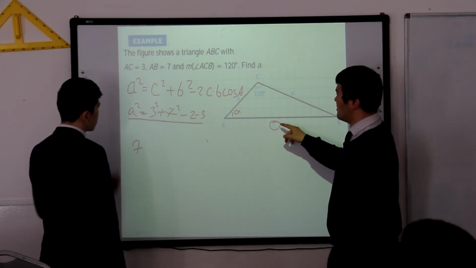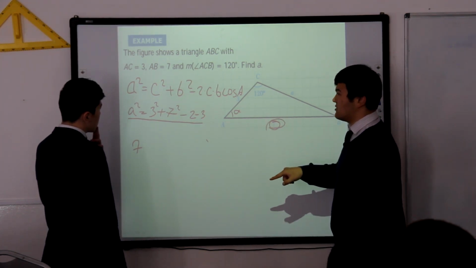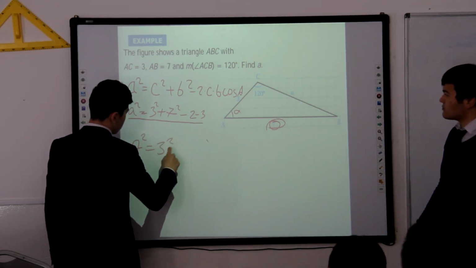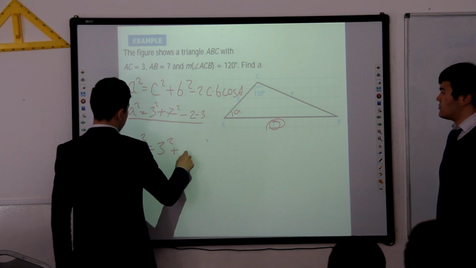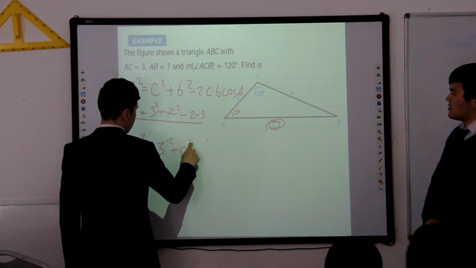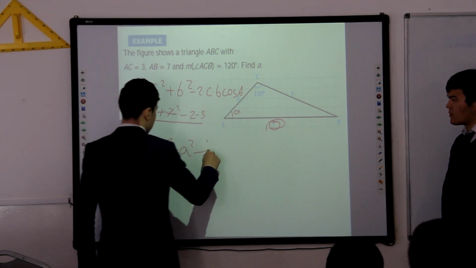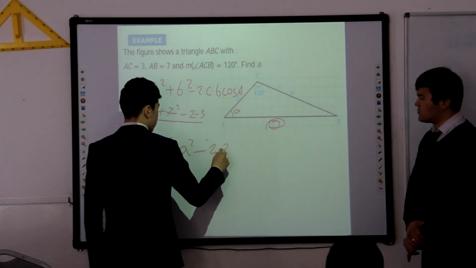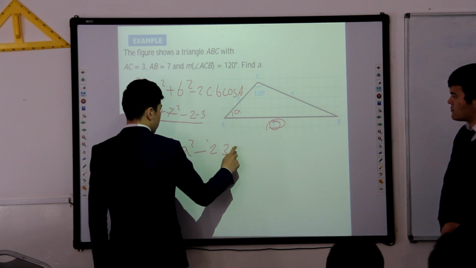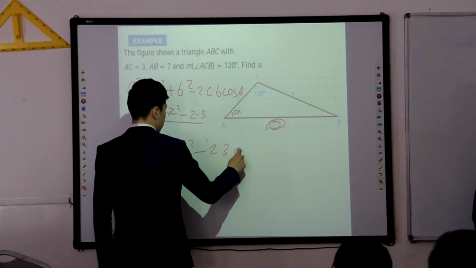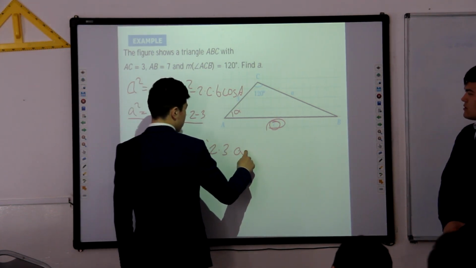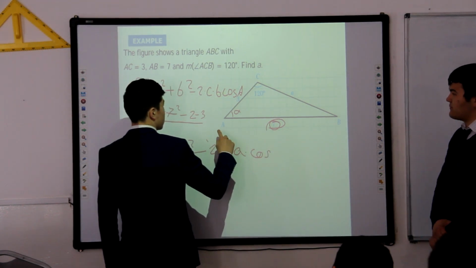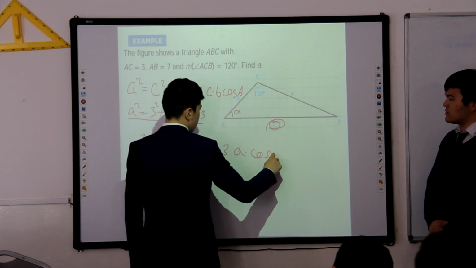Then you need to start from this side. A squared, A, cosine 120.